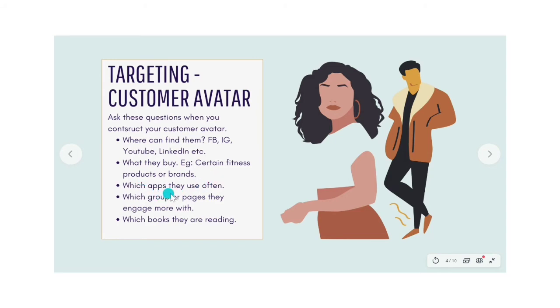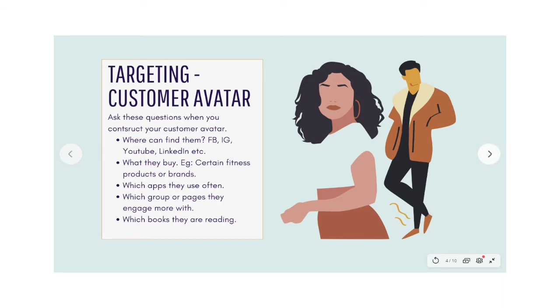Then what they buy. There could be certain fitness products. For example, CureFit is a good option that I could opt for. So there we have our eighth one. CureFit would be a good brand to follow for this. Then which apps they use. For example, for yoga we have Aura, which gives meditation hymns and stuff, which is pretty good. Then what groups or pages? This I just showed you. How do you search it? Then which books are they reading? I just showed the Shilpa Shetty Kundra book.